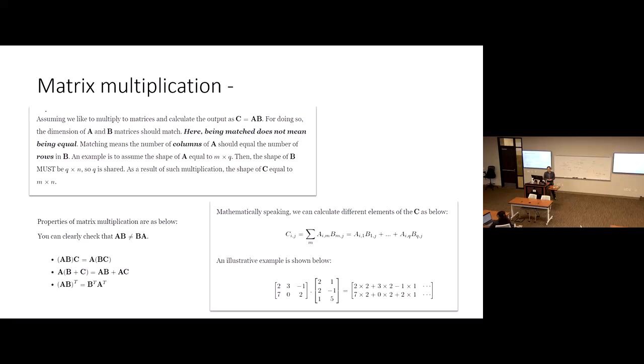So first, if you have no idea, if you have 2 matrices in the same dimension, you can do element by element, just like you add one matrix to another. But when we talk about matrix multiplication in general, we are not doing it that way. Not element by element.